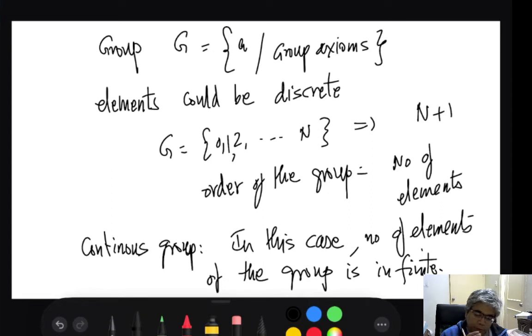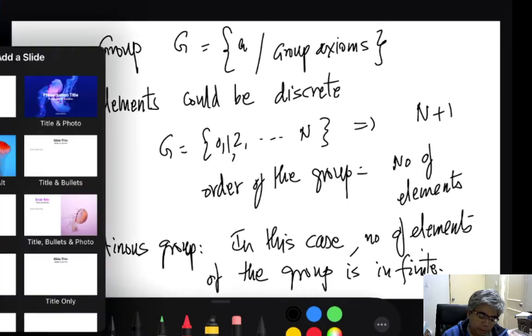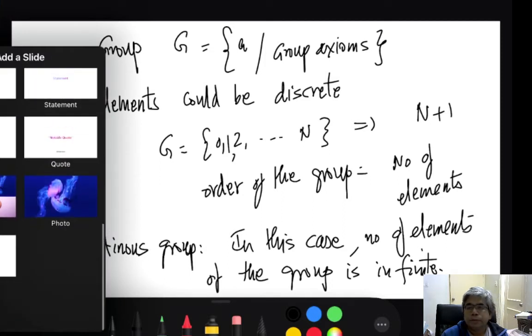So let's try to give an example of continuous groups.